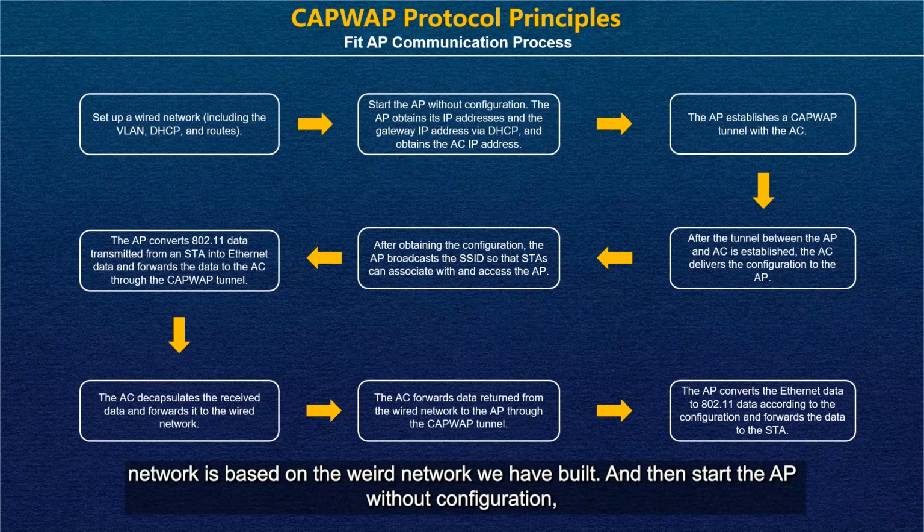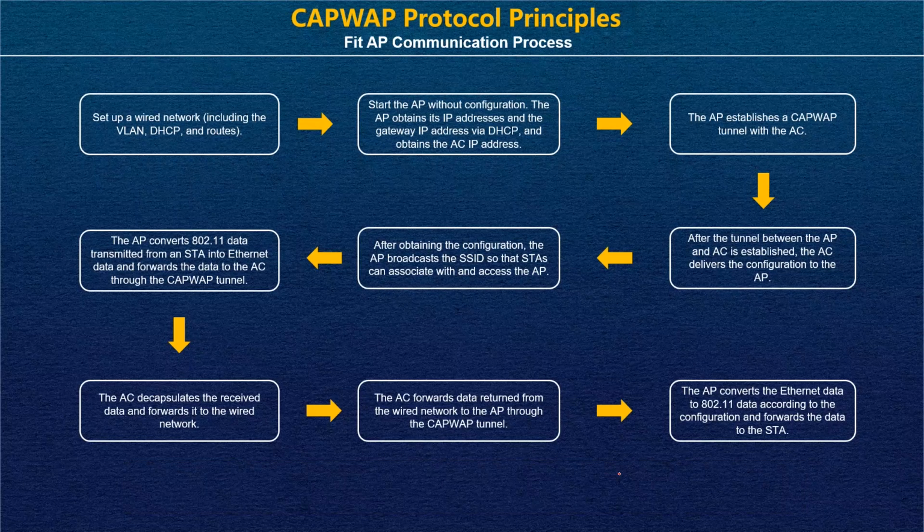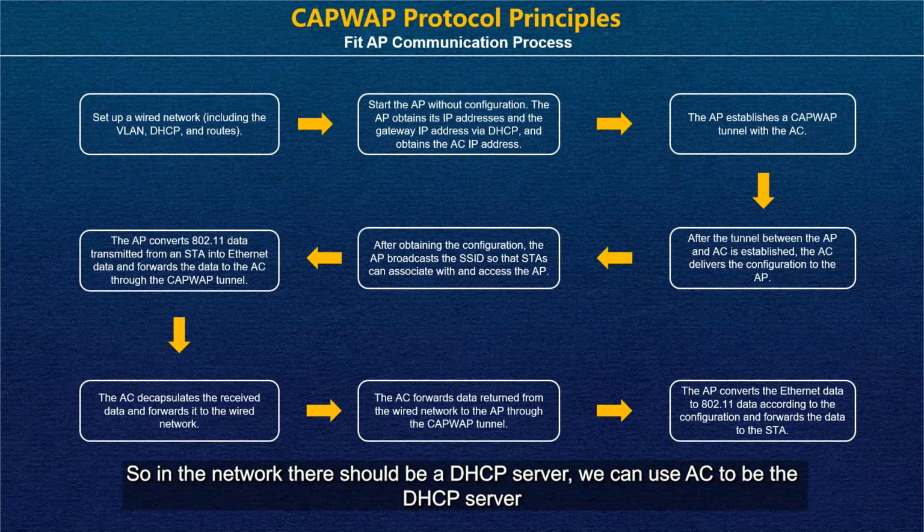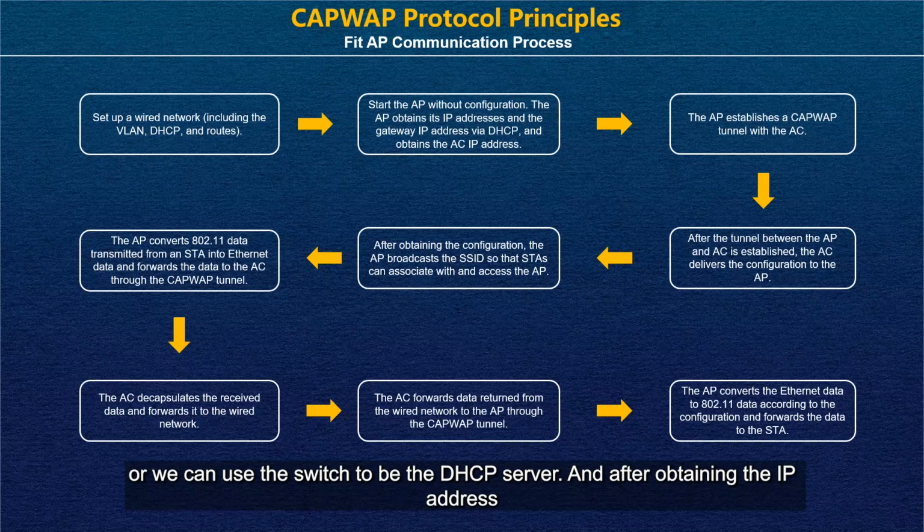And then start the AP without configuration. The AP obtains its IP address and the gateway IP via DHCP, and obtains the AC's IP address. So in the network, there should be a DHCP server. We can use the AC as the DHCP server, or we can use the switch as the DHCP server.